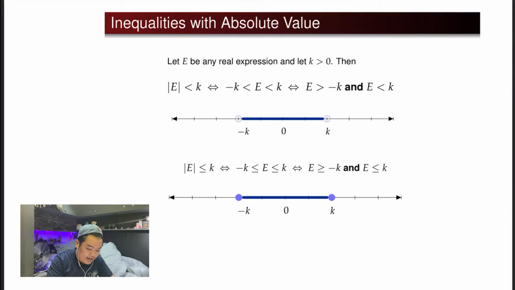Okay, so we have this expression. If the absolute value of an expression E is less than K, where K is positive lang lagi, pwede mong alisin yung absolute value. Just copy the expression inside. So, the expression inside must be between negative k and k.